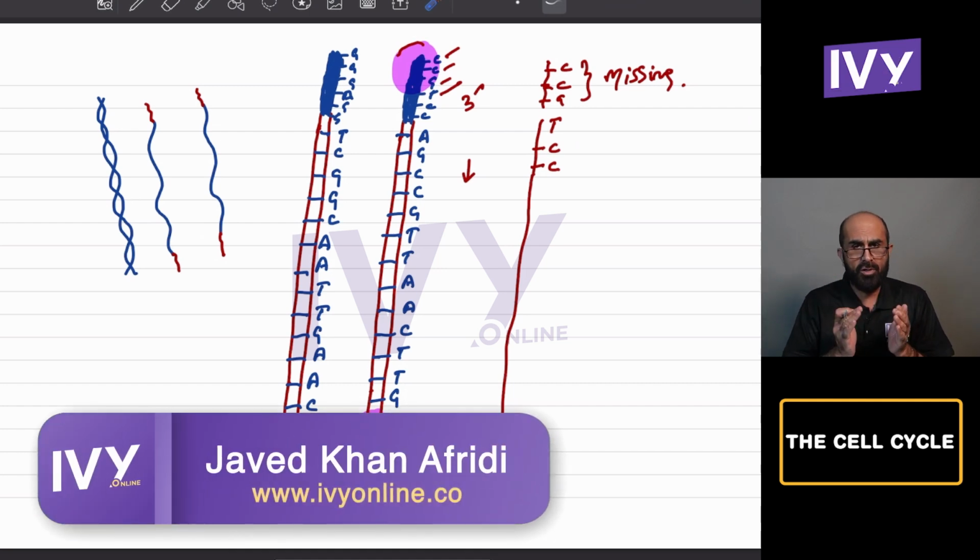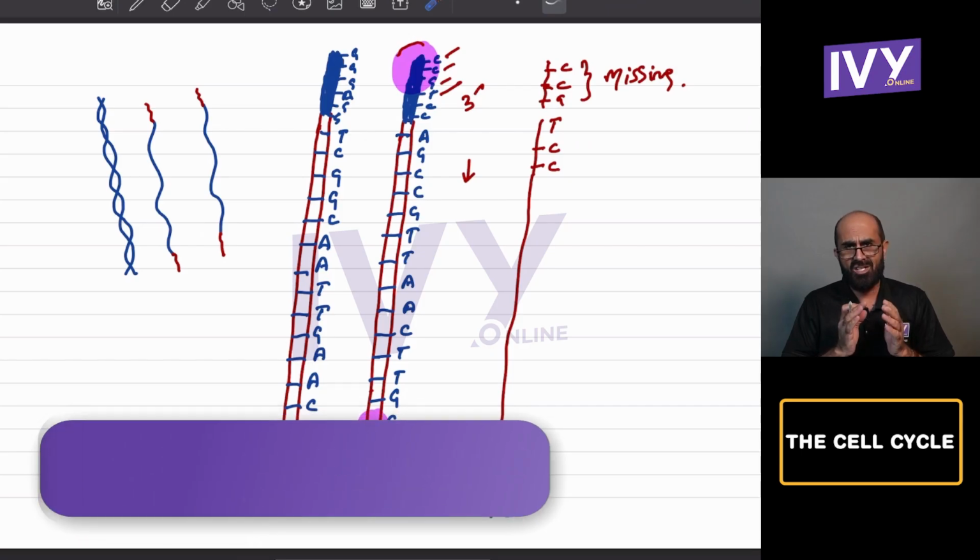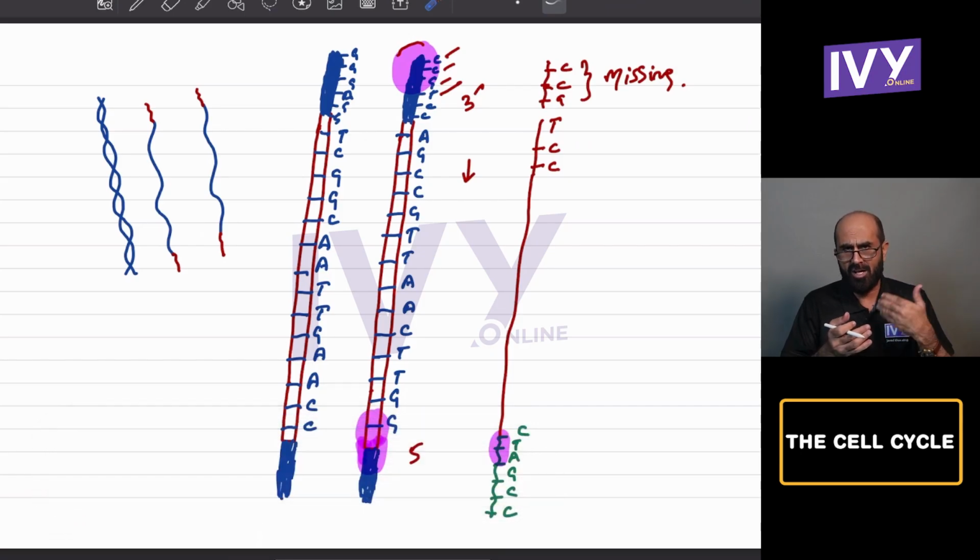So to ensure that no functional gene is missing while copying the DNA, we need some external, non-functional part added to the DNA, so that at least the DNA polymerase entirely copies the functional part of the DNA. If the telomere were not here, then the enzyme DNA polymerase would stop just a few bases behind, and it might be a functional part of the gene that is lost.